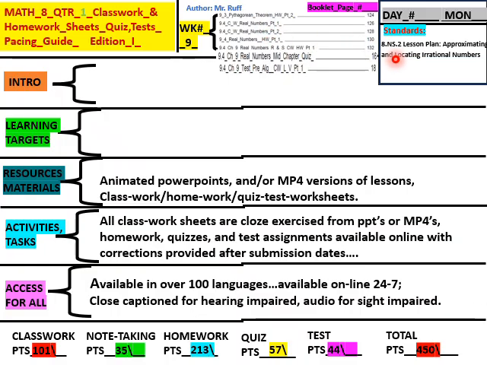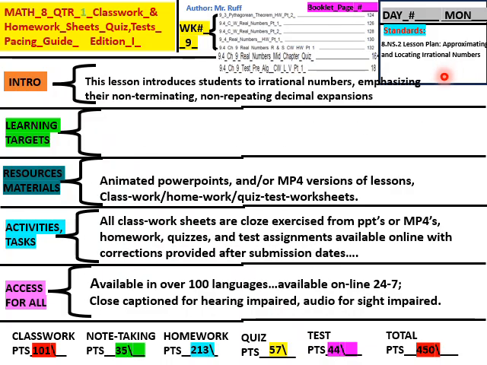Our standard for Week 9, the new standard, is 8.NS.2, which is approximating and locating irrational numbers. This lesson introduces students to irrational numbers, emphasizing their non-terminating, non-repeating decimal expansions.